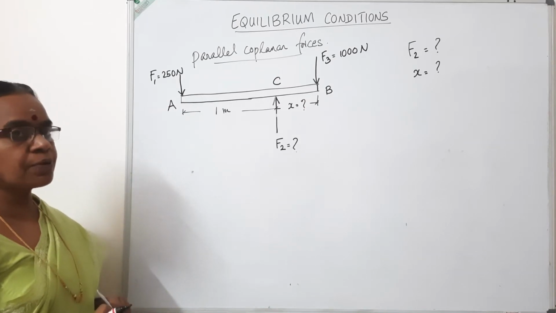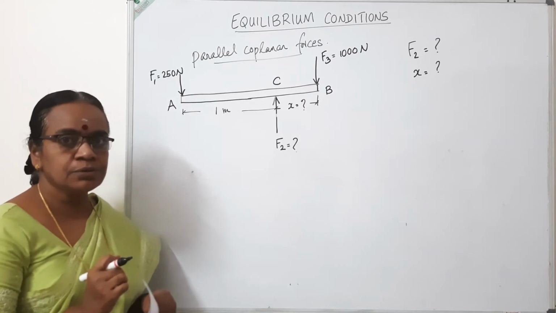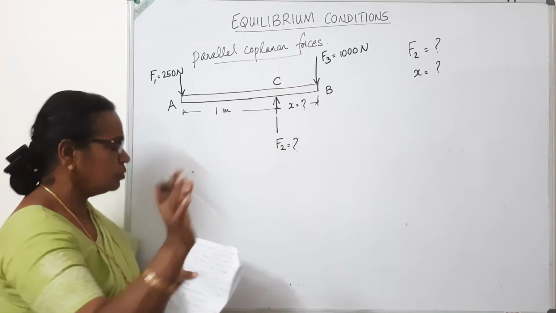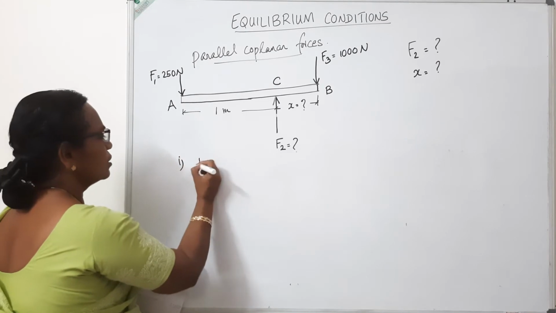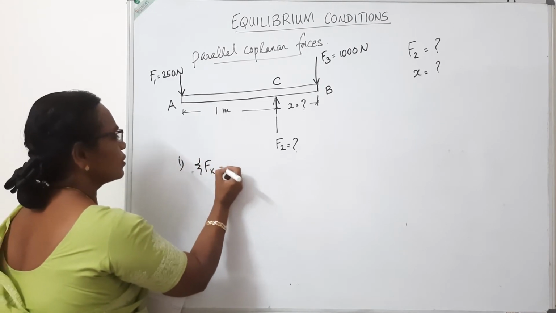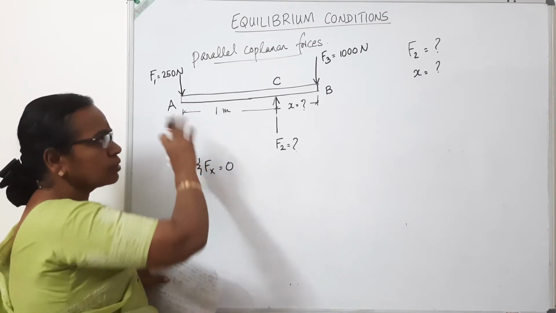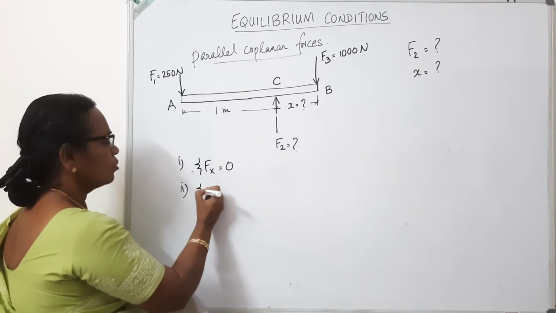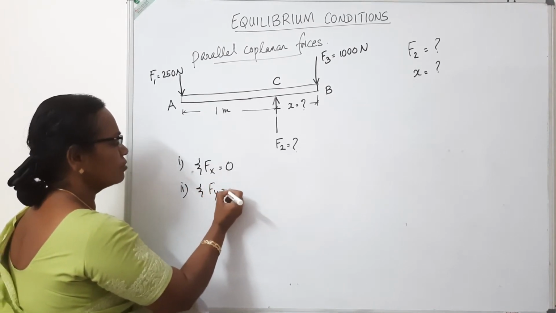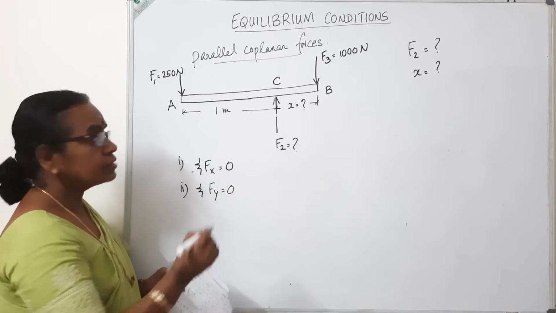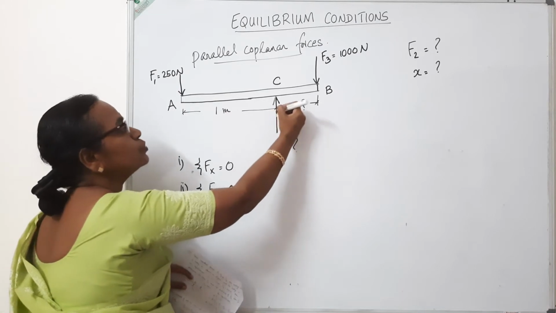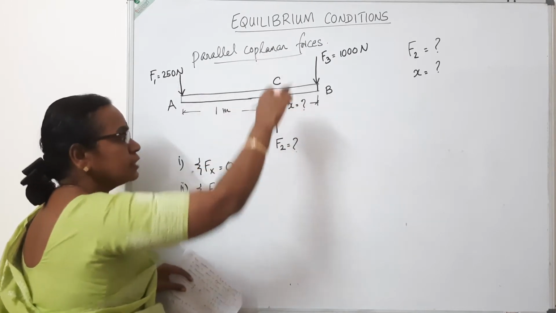So what are the equilibrium equations? Sigma Fx is equal to 0. Here there are no horizontal forces, so sigma Fx is equal to 0 doesn't have any significance. Second equilibrium equation, sigma Fy is equal to 0. There is only one force acting upward, F2, and these two forces are acting downwards.